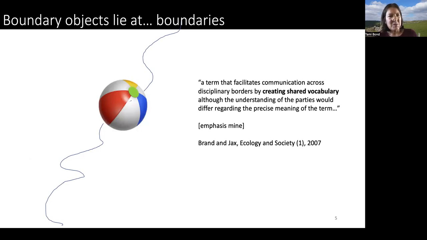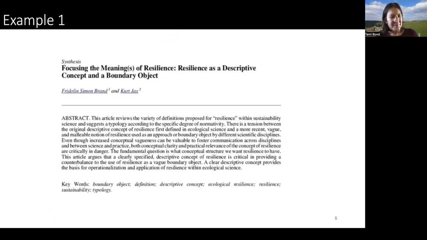Another definition of a boundary object is a term that facilitates communication across disciplinary borders by creating shared vocabulary. And it doesn't require that you're able to define the term precisely. It just means that you're able to share the definition. So here's an example, and this is the paper that just gave the last definition.